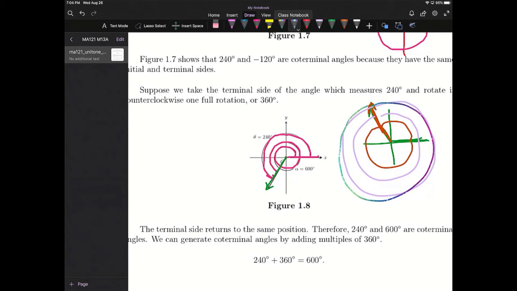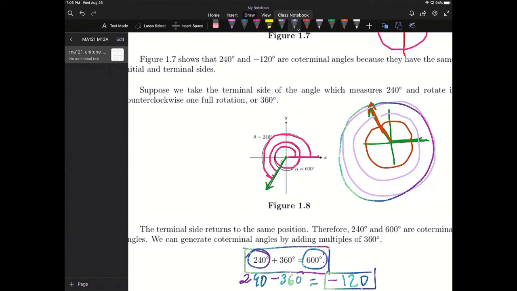Okay, so in this example given by the textbook, the 240 degrees and 600 degrees, you can see that's true. Let's say you start with 240. If you add a full rotation, which is 360 degrees, you get 600. So they are both coterminal angles. If you subtract 360 from 240, you get another angle, which is negative 120.